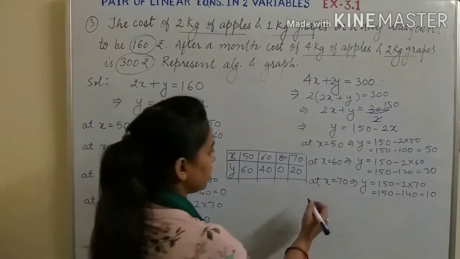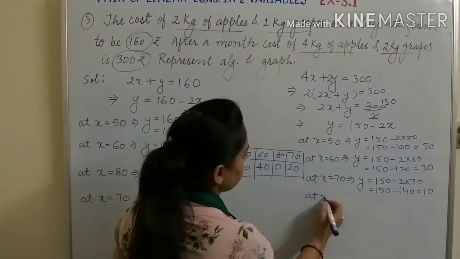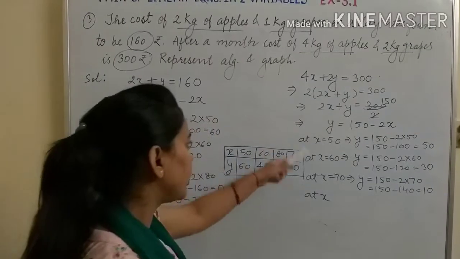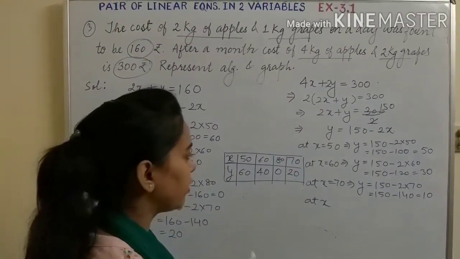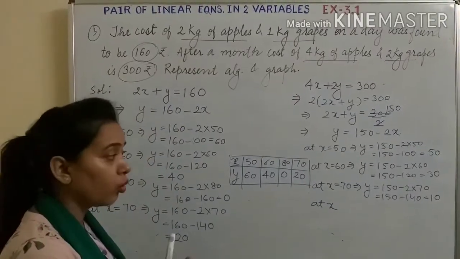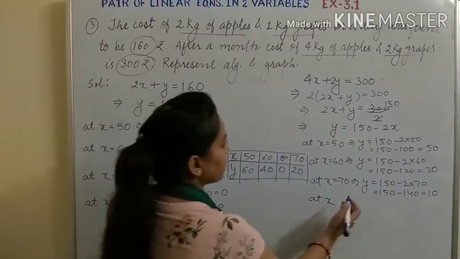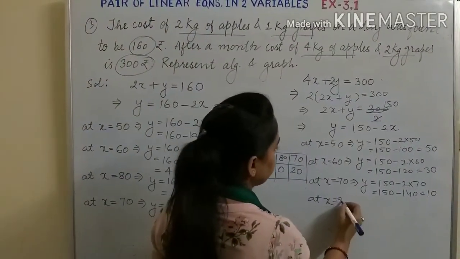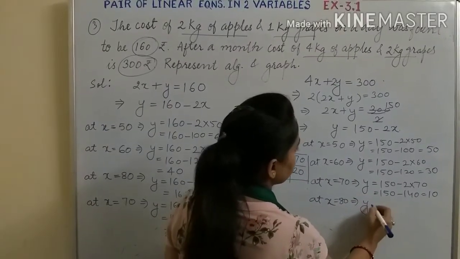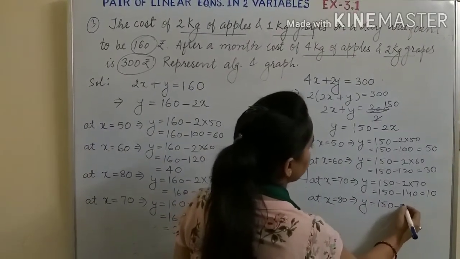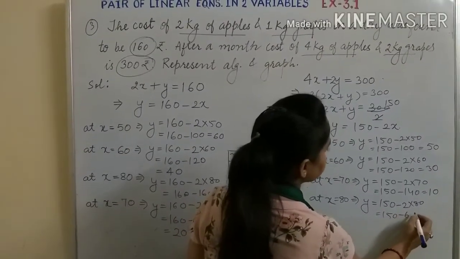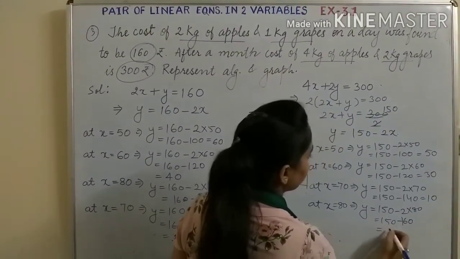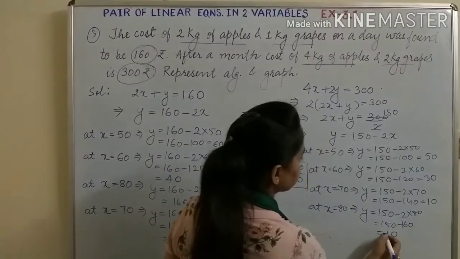And all the 3 points are more than sufficient, but still if we take more points, the graph will be more clear. At x equal to 80, y is equal to 150 minus 2 into 80 equal to 150 minus 160 equal to minus 10.